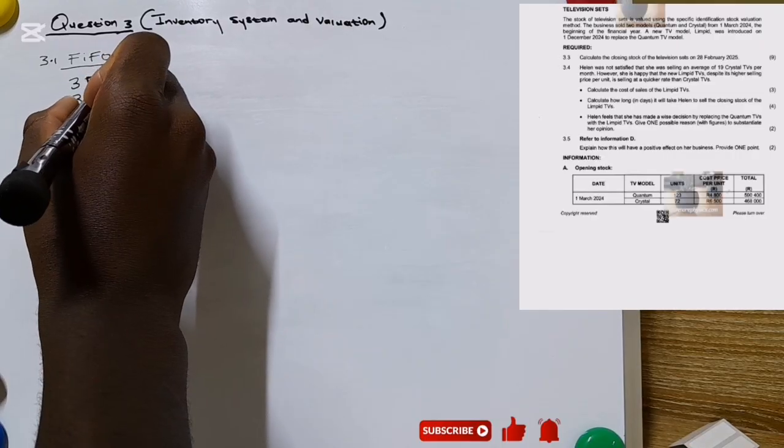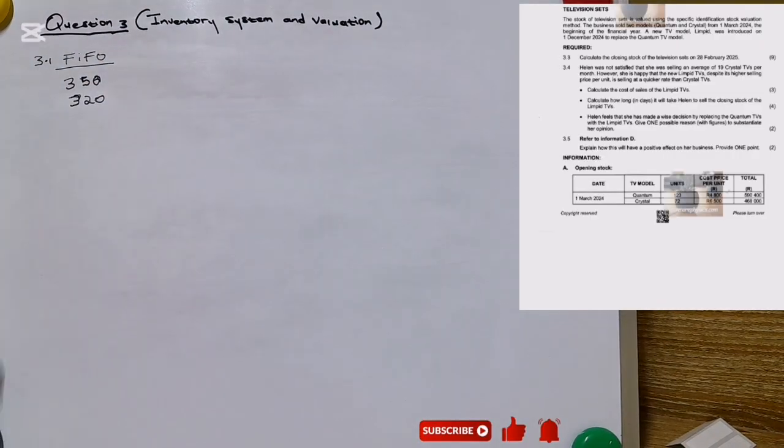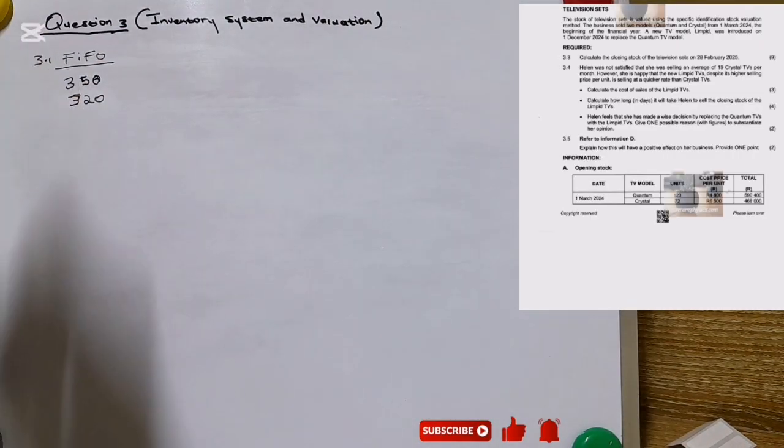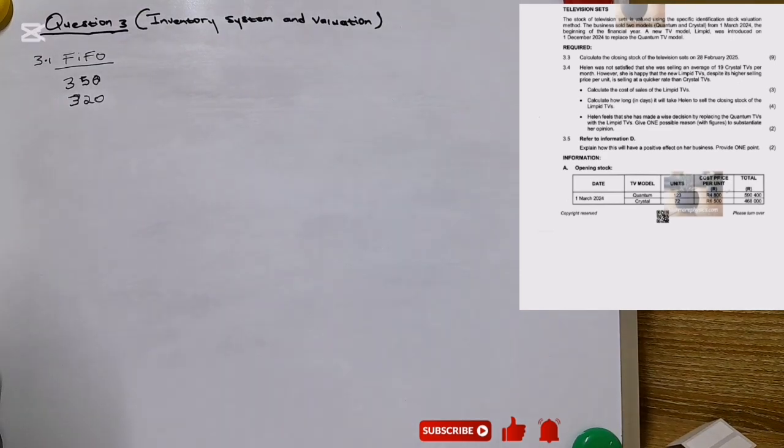And then after that, we have to check if we had returns during the year. If you can go to information number D, returns. 80 headphones that were purchased in December 2024 were returned to the suppliers. This is for the purchase that we made in December 2024.